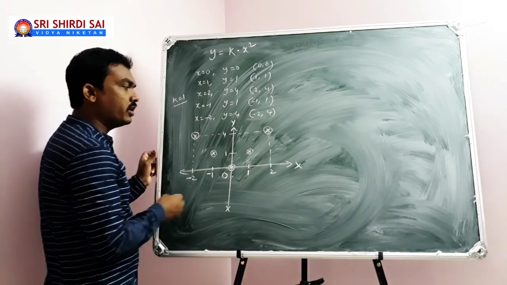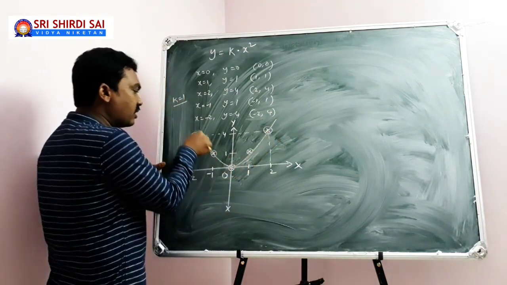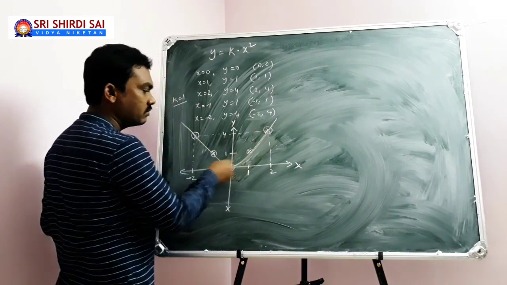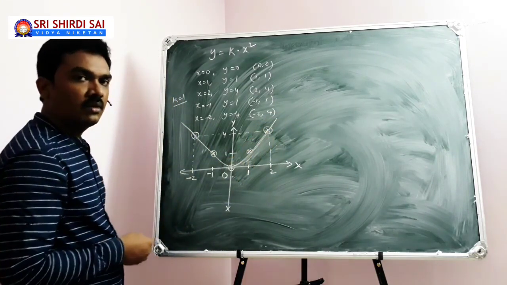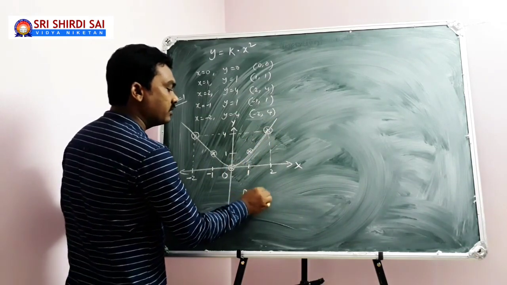Now if you join all these points with your free hand, you come across a curve. Look at this. This curve is known as a parabola.